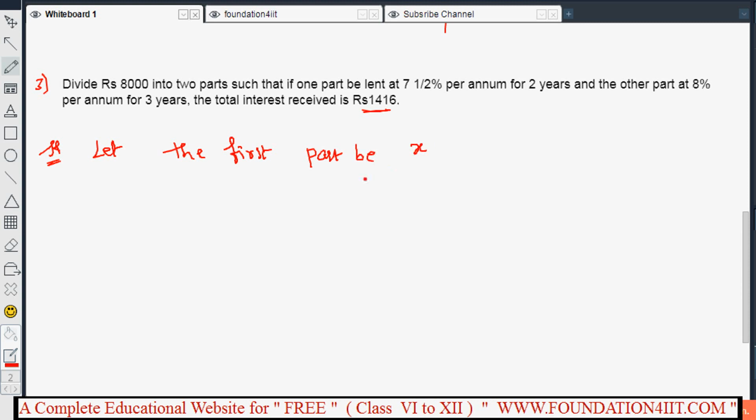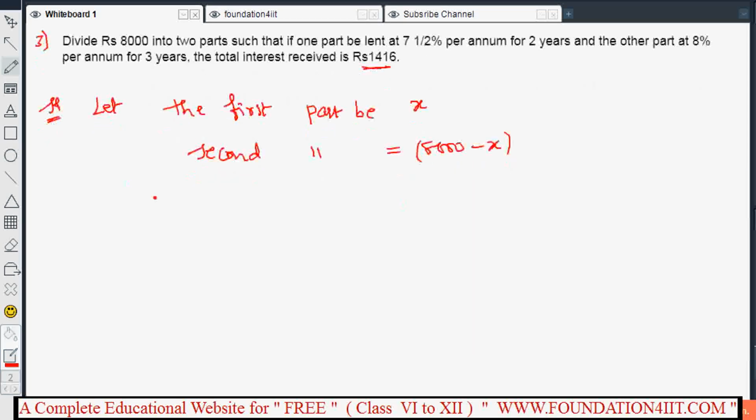If the first part is x, then the second part is 8,000 minus x. Now we will do the simple interest separately for 2 years and separately for 3 years from the given data, so take two cases.